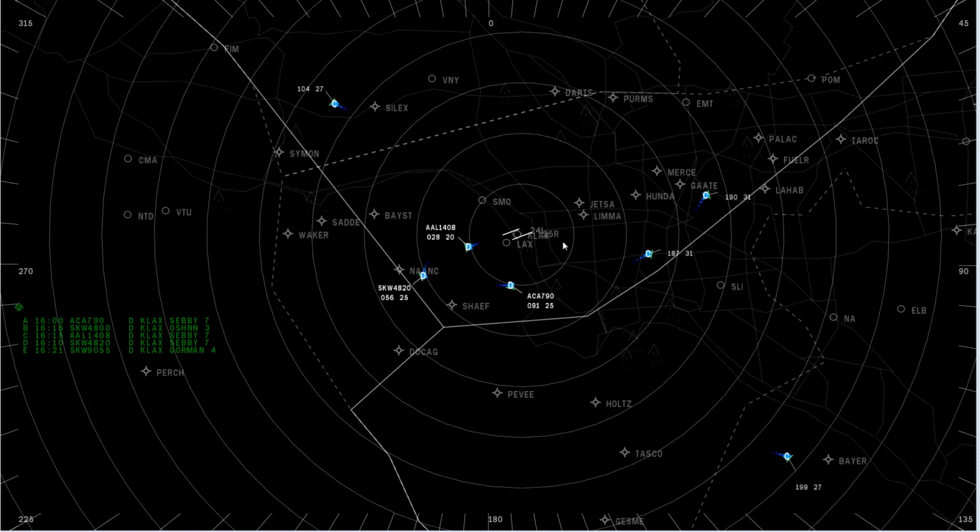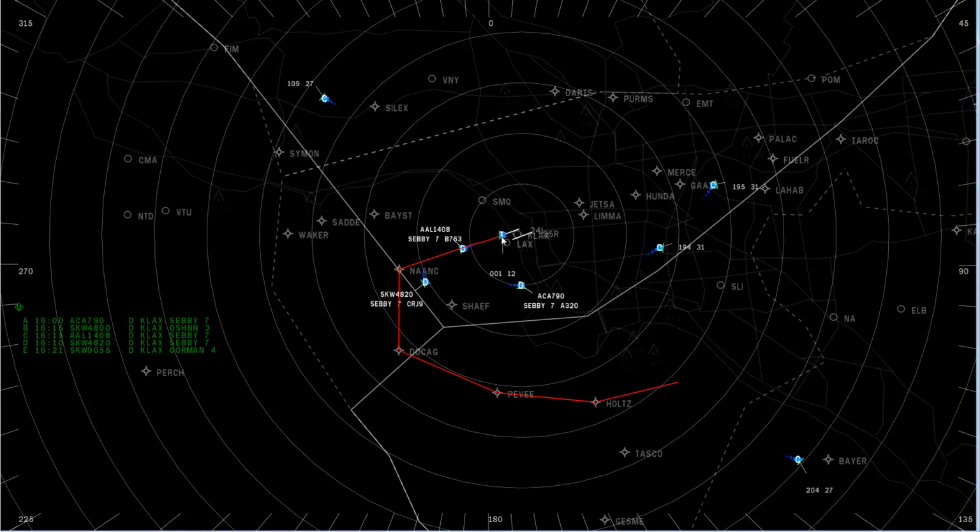It's not going to generate any kind of a separation problem, but it will mean I also have to extend American 1408 out just a little bit before I give him his turn towards Seal Beach. And now we've got somebody flying, looks like an Ocean 4 departure.